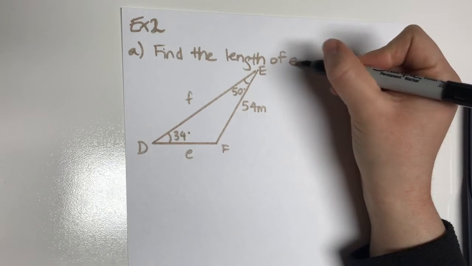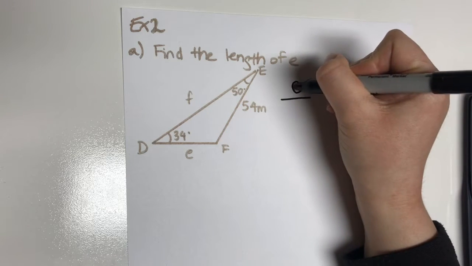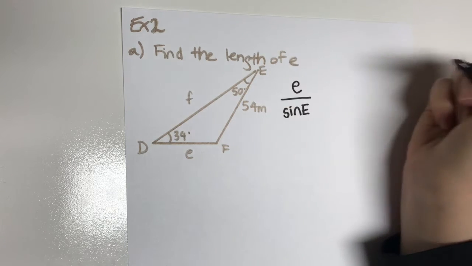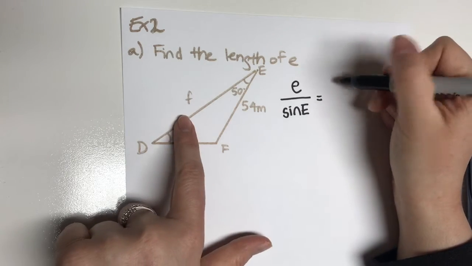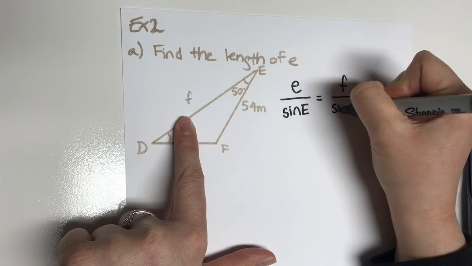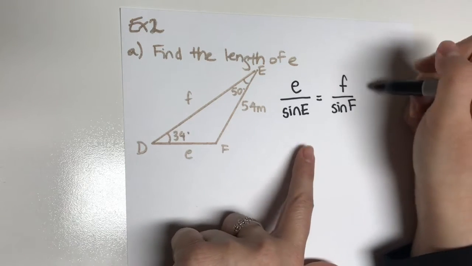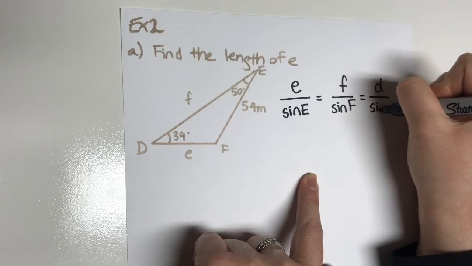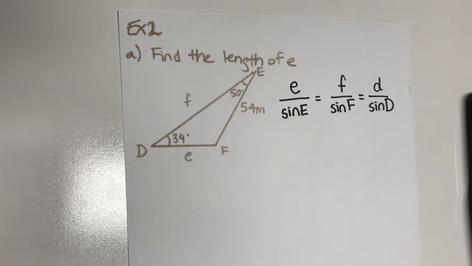The formula for finding a side length is I make a ratio between the side length E and sine E. That's going to equal the ratio of side length F over sine F, and that's going to equal the ratio of side length D over sine D. Probably should have done it in alphabetical order, but that's okay.